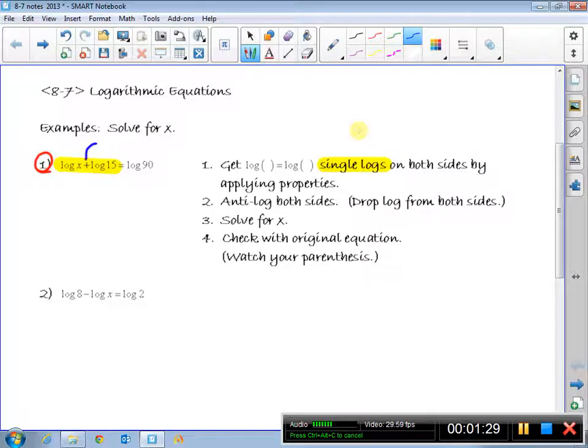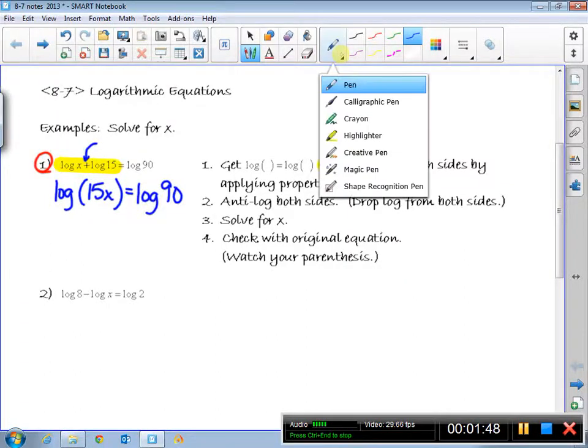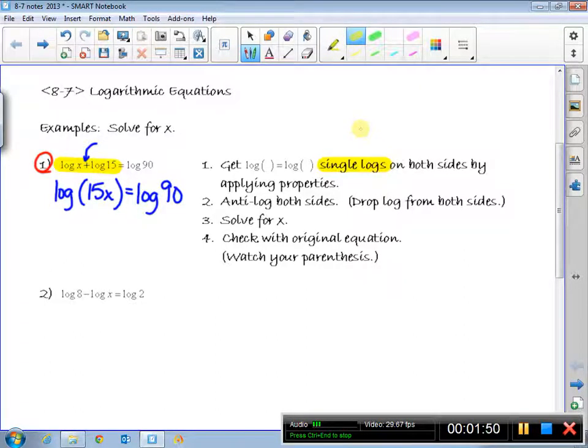So using the properties and seeing that I have addition, I know that this side is the same as the log of 15 times x. So now what we have is a log on both sides of the equation. We have log of 15x equals log of 90.